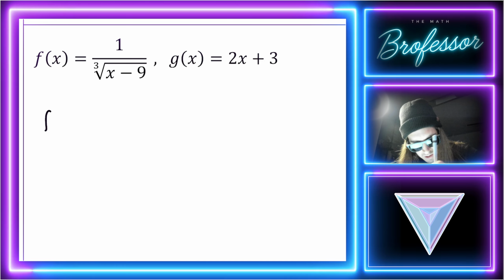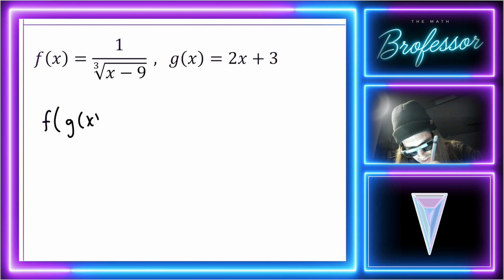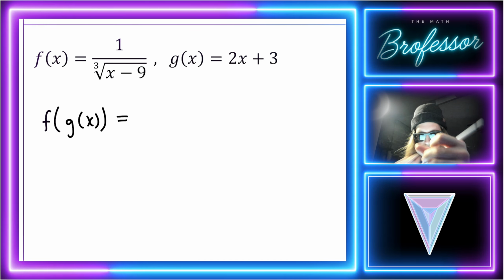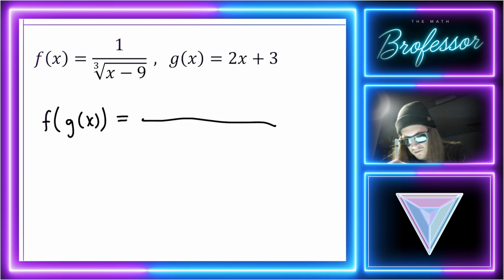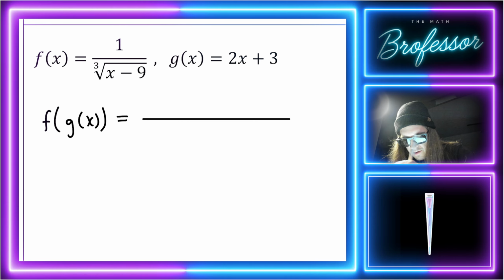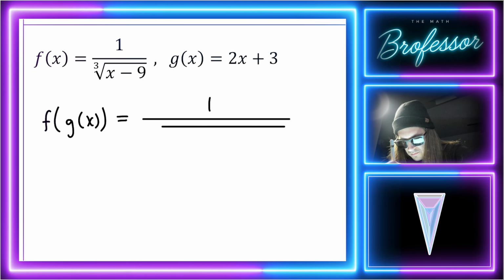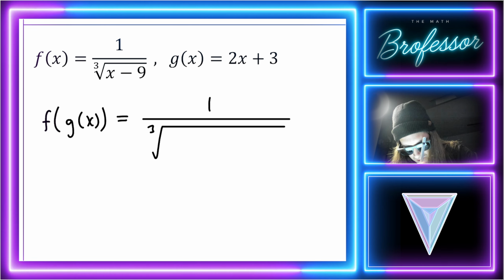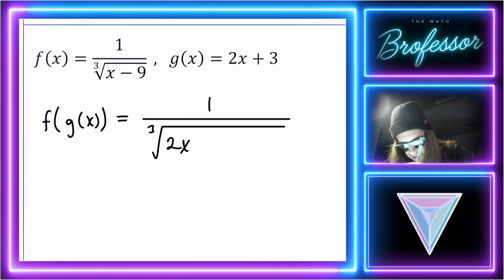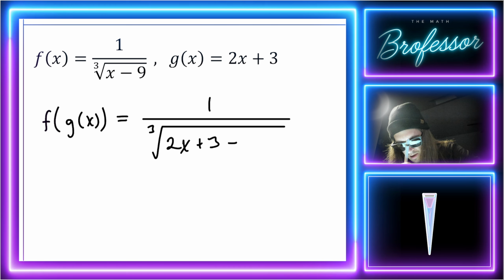So we'll start with f of g. See what happens here. G is going to go inside of f. So f is 1 over the cube root of, I'm going to plug in g right now, 2x plus 3 minus 9.